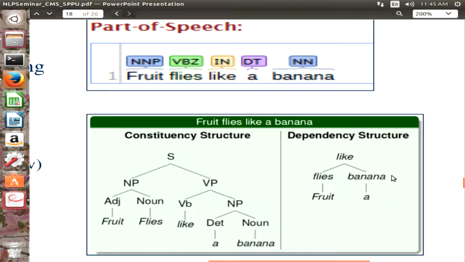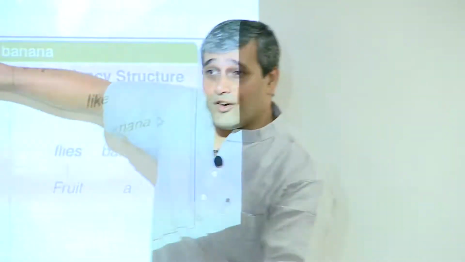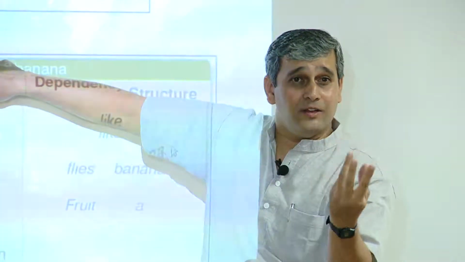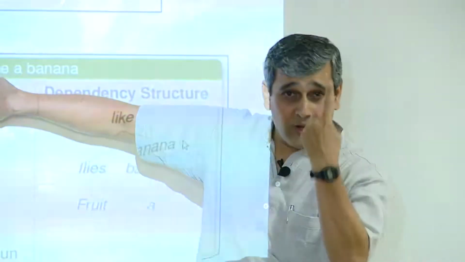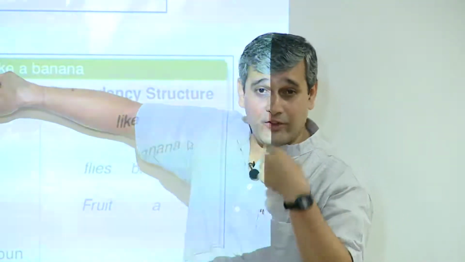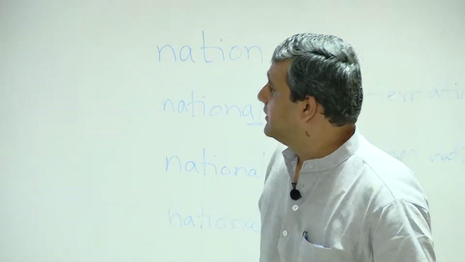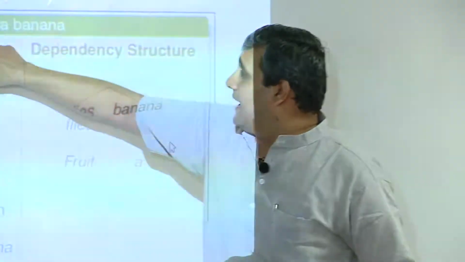Or, fruit flies. What is a fruit fly? A fly is an insect. So a fruit fly is an insect that sits on fruits. Flies is the plural of fly, one fly, many flies. So fruit flies is one word, not two words, as we saw with chainsaw earlier or blackboard. And then like a banana.